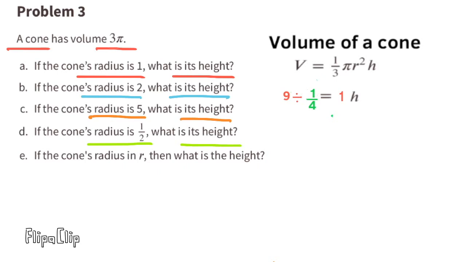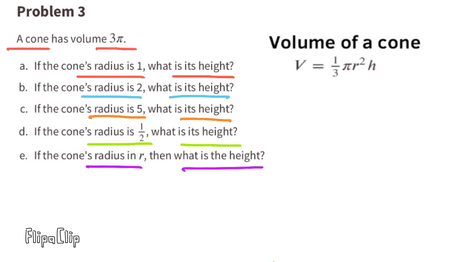So now the equation reads 9 divided by 1/4 equals 1 times h. To solve that, we can multiply by the reciprocal of 1/4. And the reciprocal of 1/4 is 4, or 4 over 1. So 9 times 4 equals 36. That means that when the radius is 1/2, the height of the cone would be 36 units.